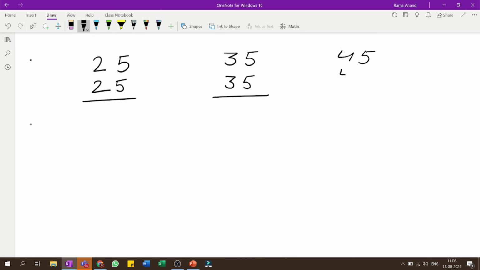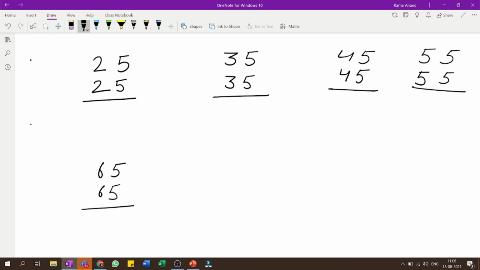If you will see, this is the method number 1 which we have done in the previous video. Okay, this is my method 1 where the sum of the digits at unit place is 10 and the tens place digits are same.